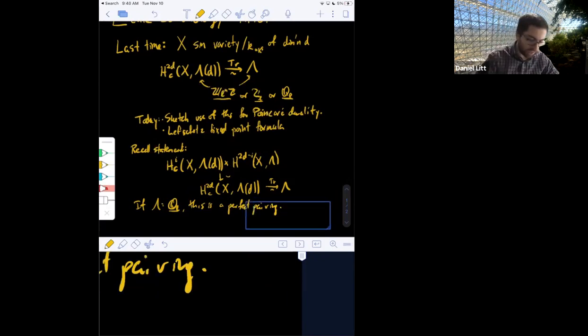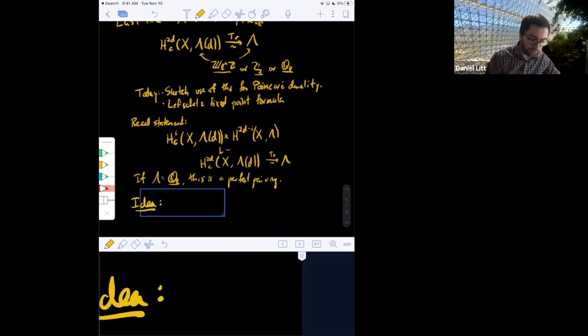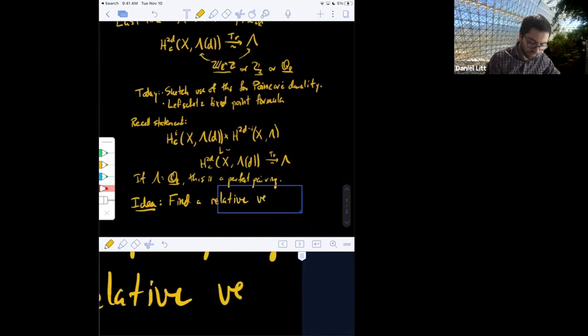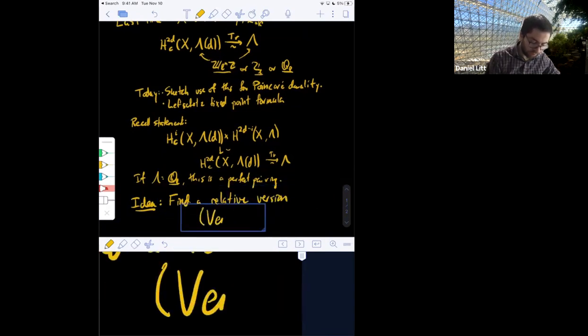Okay, so what's the idea? I'm only going to sketch the idea because this is a very involved proof. So the idea is actually to find a relative version of this, which is called Verdier duality.